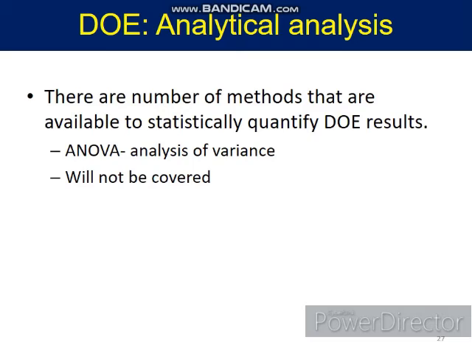There are more in-depth analytical methods that can be done in the design of experiment approach. There are a number of methods available to statistically quantify DOE results, and one of the important ones is called ANOVA, analysis of variance.